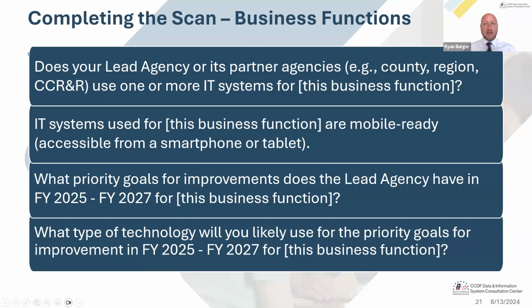This slide provides examples of what some of the questions will focus on, which will be recurring across the different business functions. As a quick example, we know that enrollment processes and eligibility criteria range widely from one CCDF lead agency to another. Similarly, the role of data and IT systems to support these business functions may look very different across states and territories.